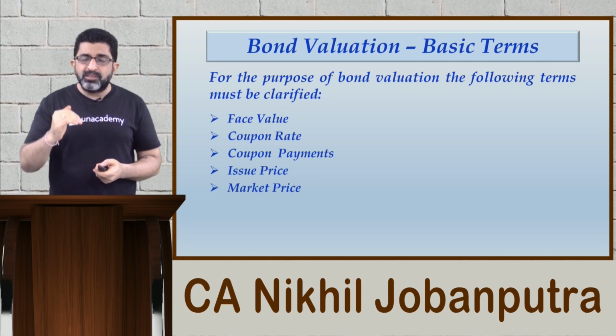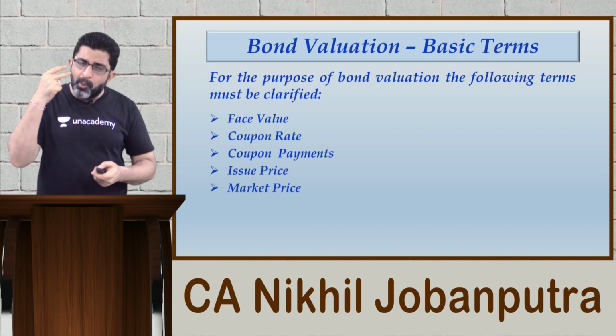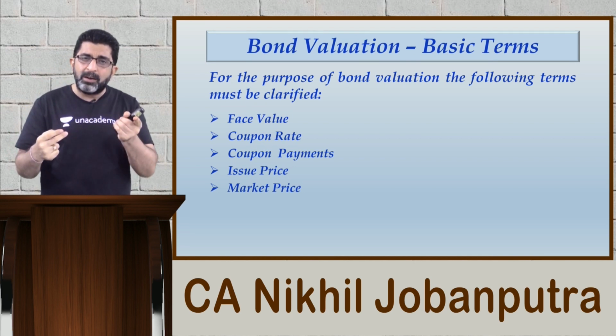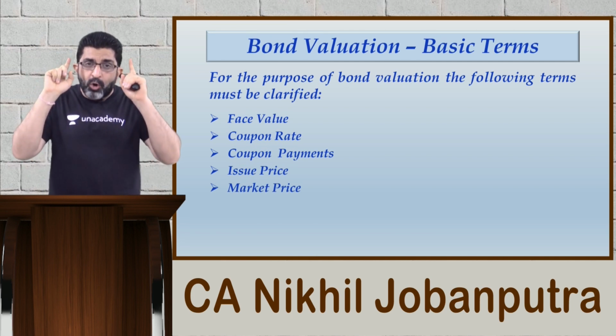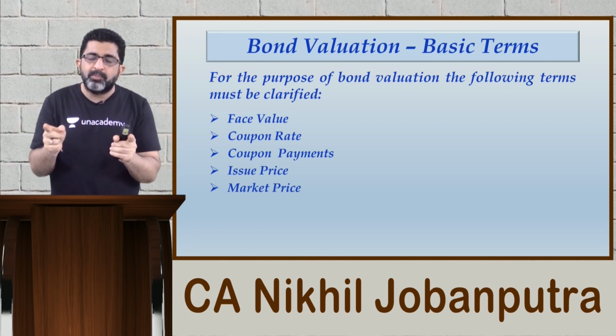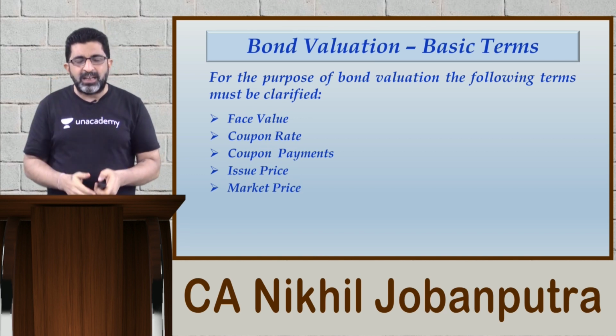So that was the connection between issue price and market price, where I would say both are market prices. One is the market price of the primary market, one is the market price of the secondary market. Because we want to distinguish the two terms, we call them issue price and market price.